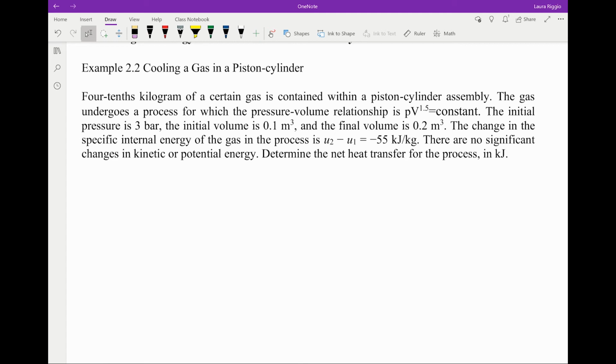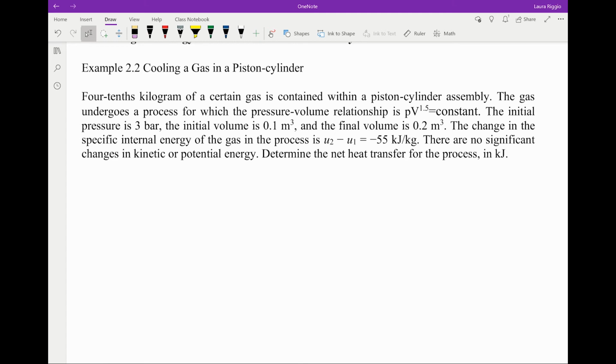We have the initial pressure, which is 3 bar. We have the initial volume and the final volume. We want to find the change in internal energy of the gas. Noting that there are no significant changes in kinetic or potential energy, we're also going to determine the heat transfer for the process.